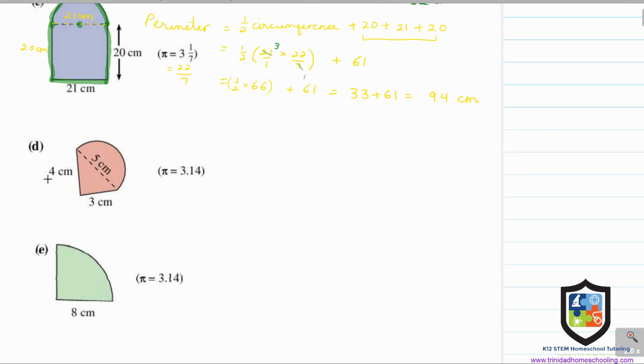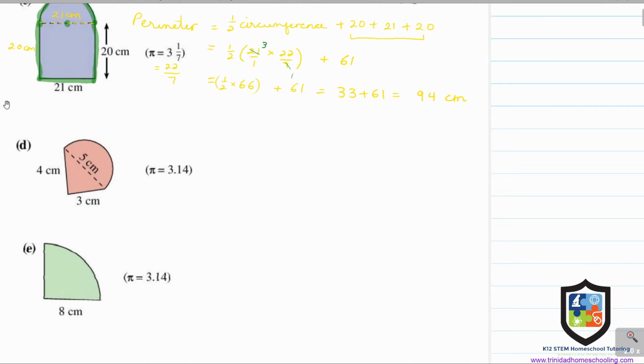Alright, so we have these two large shapes here. Pause the video and try to find the perimeter of these two shapes here. Okay, now let's look carefully at this one.